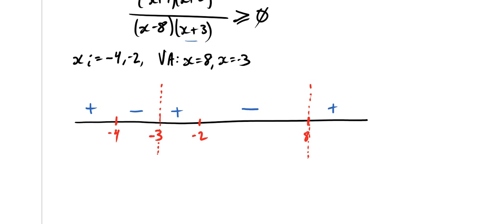The first interval where it's greater than or equal to 0 is this first one over here. It's positive. So when x is less than or equal to negative 4, how do I know when to put the less than or equal to or just the less than sign? Because of the question, but in this case it's going to include that point because at that point it's an x-intercept, so that point counts as well.